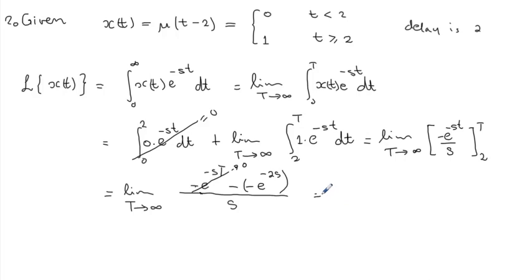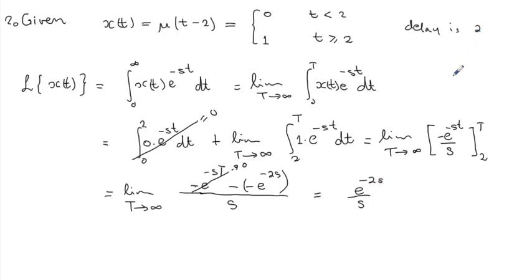Then the answer here becomes simply e to the power minus 2s all over s. So what is that? That is the Laplace transform of a delayed unit step function. You must see that the delay comes here as a coefficient of s.